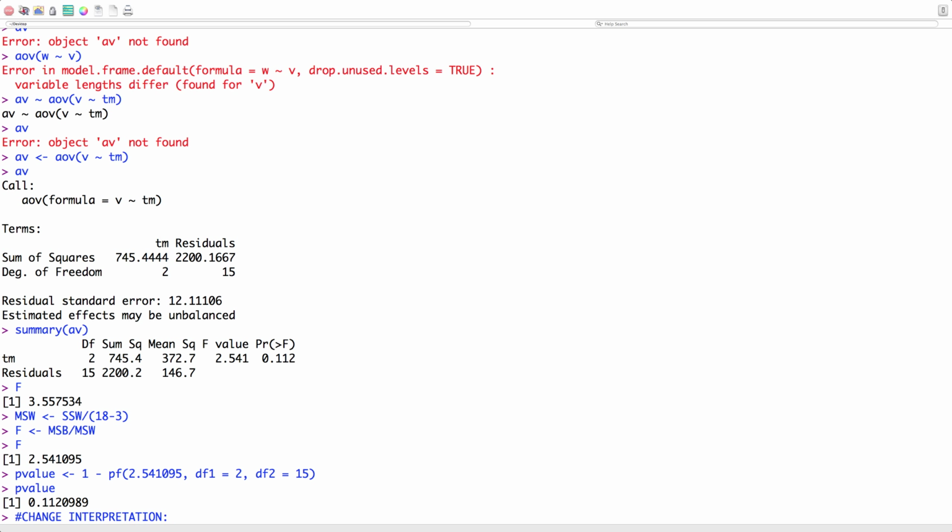Since our p-value is greater than 0.05, we fail to reject the null, indicating there's no evidence against.